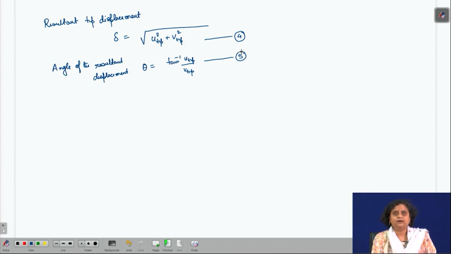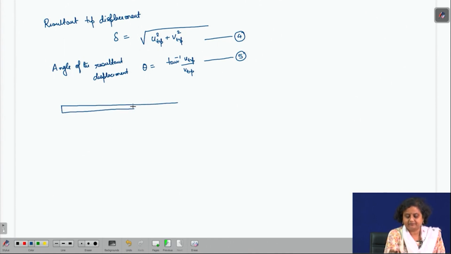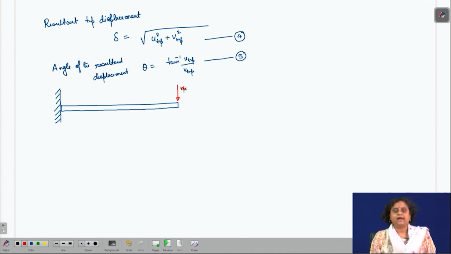Now, for cases where there would be moment both along the x axis as well as the y axis, let me draw such a case. If I have a cantilever beam, or a simply supported beam, does not matter, and if the loads are like this, if I apply a force Wx in this direction, and if I apply a force Wy in this direction, this is going to produce a moment my, and this as usual is producing a moment mx.